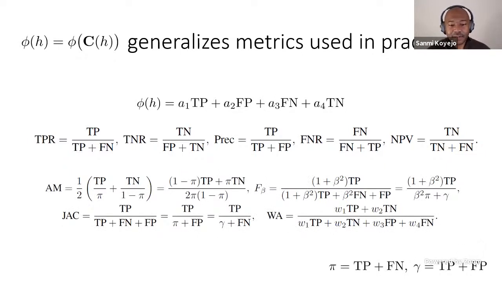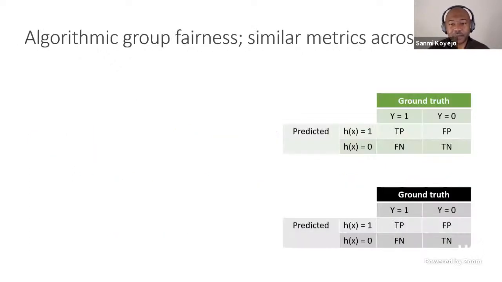I think the most popular of these more complex metrics might be the F measure, which many of you might have seen before, popular in information retrieval, which can be computed as a ratio of, again, linear functions of confusion matrix entities.